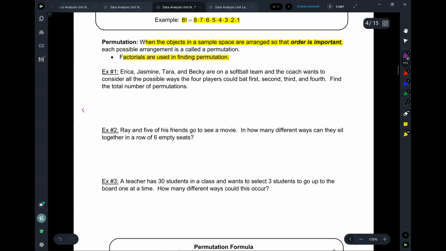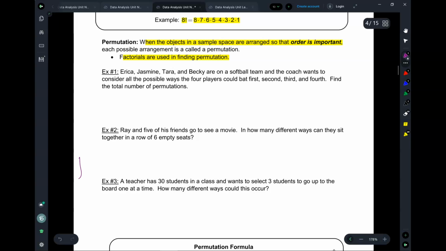All right. So we got a couple people here. We got Erica, Jasmine, Tara, Becky. They're on a softball team. The coach wants to consider all the possible ways the 4 players could bat first, second, third, and fourth. Find the total number of permutations. Okay?